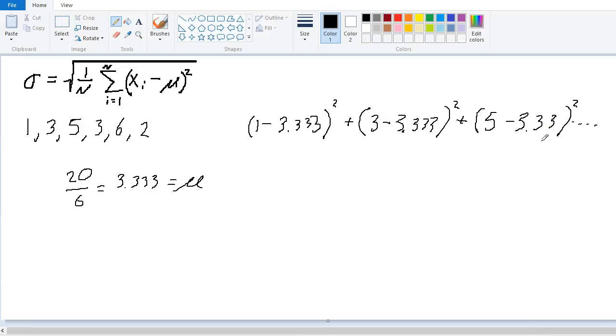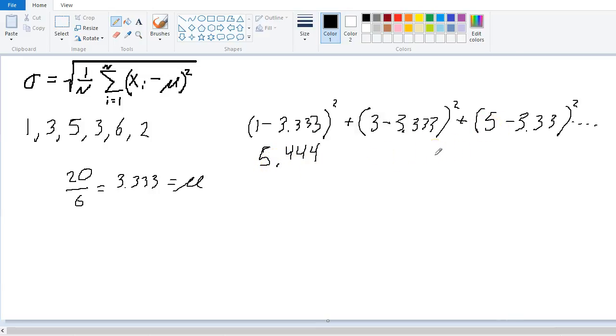I'll open my little phone calculator, which I find so handy. 1 and 3.333, if I subtract those two, I get 2.333. If I square that, I get 5.444. Pretty reasonable.